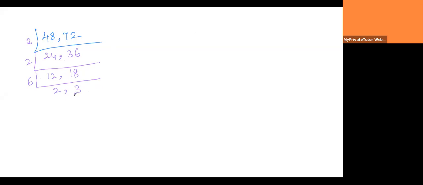So we are not taking 1 because 1 times any number is the original number itself. So that's it. So finally what we do, we just multiply these terms. 2 times 6, try 2 times 2 is 4. 4 6s are 24. So that's the HCF.